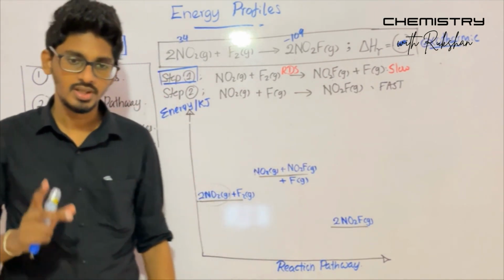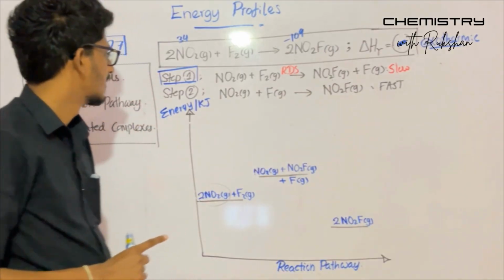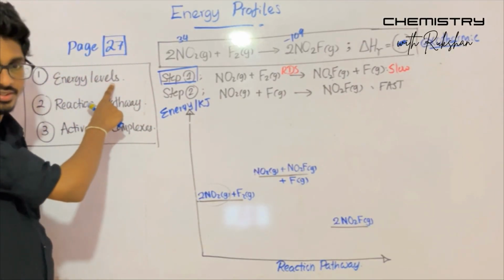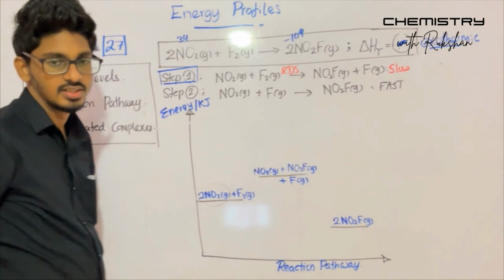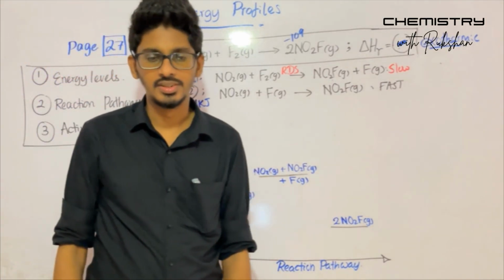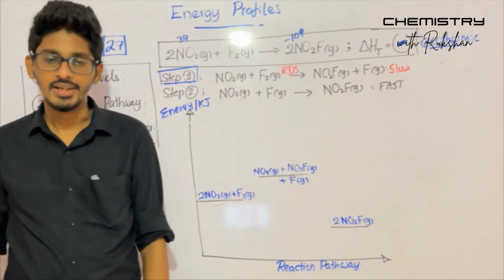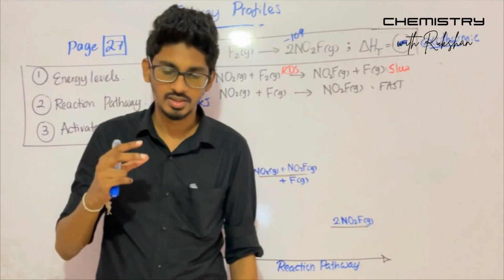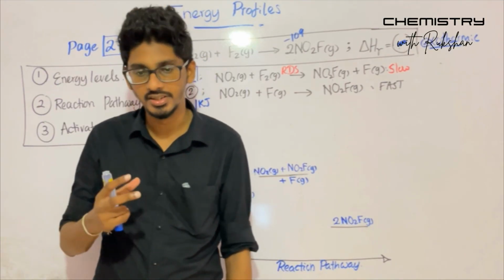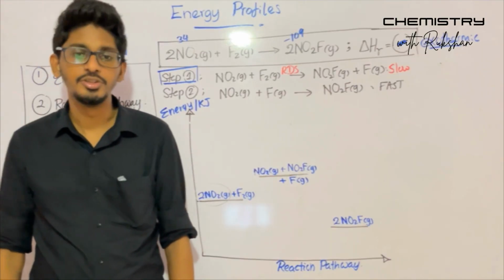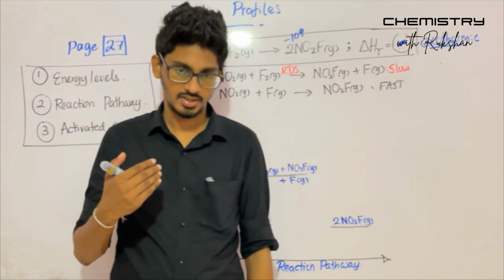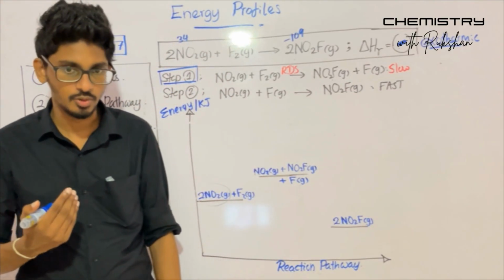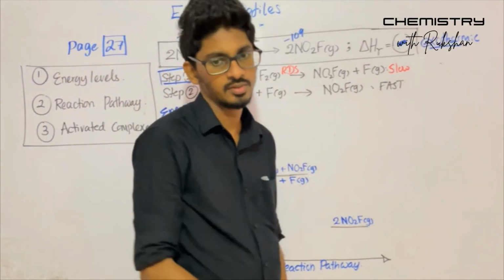So that is how we are supposed to complete the energy levels of our energy level diagram. That is just like an enthalpy diagram or energy level diagram, what we have drawn and learned in energetics. In energetics, we learned how to draw the enthalpy diagram, the energy level diagram.